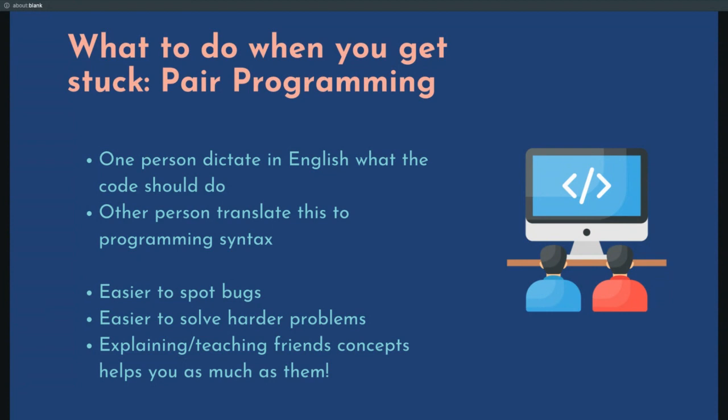Then people aren't learning that way. But if we dictate in English how we want the program to function, number one, it helps you clarify your thoughts. If you're the person dictating, you can have a better overview of how the algorithm should look without messing up little bugs that are going to stop your flow.